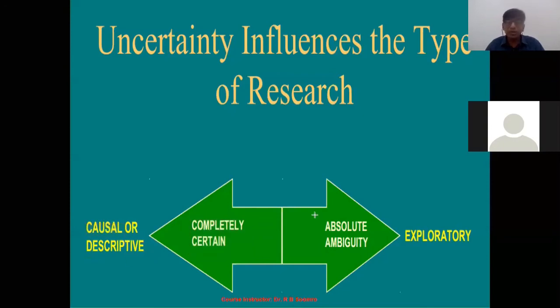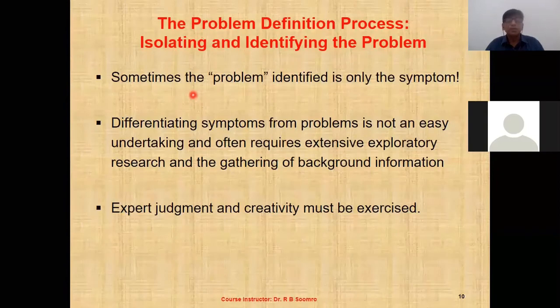But alternatively, if you have absolute ambiguity, then in this situation exploratory research would be highly beneficial for you. Another thing is about problem definition and isolating. Already I told you that you have to define the problem and isolate this problem from the symptom.